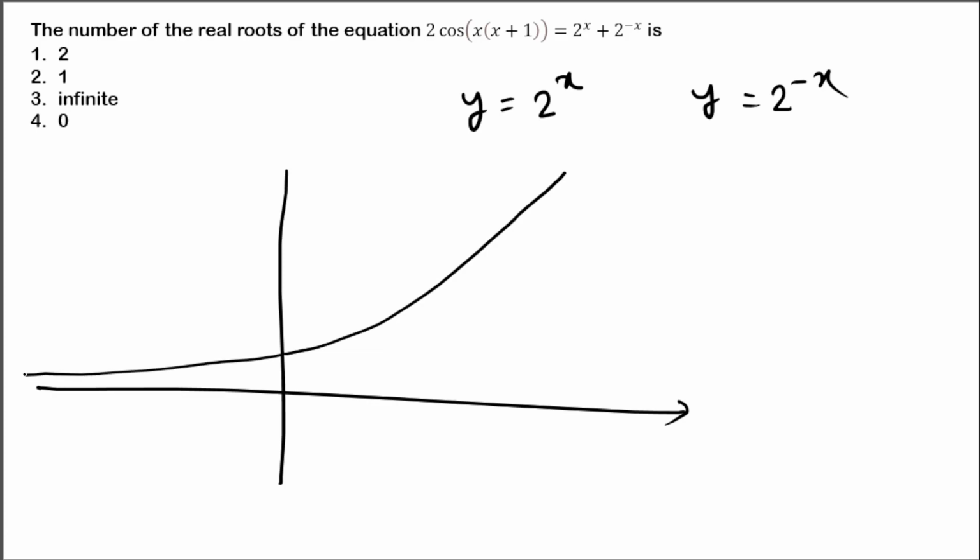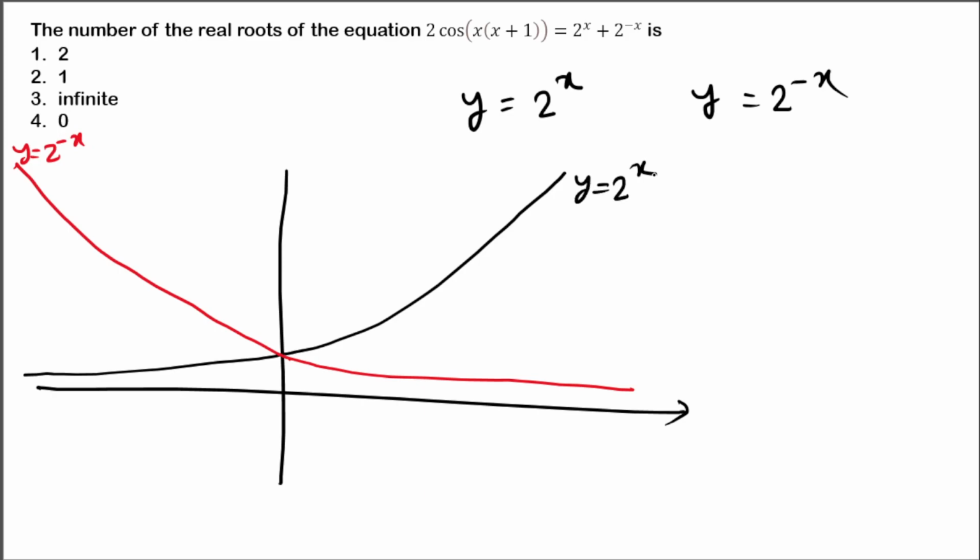And what about 2 to the power minus x? So this is y equals to 2 to the power minus x, and this is y equals to 2 to the power x. Now if you add both of them up, what will happen?